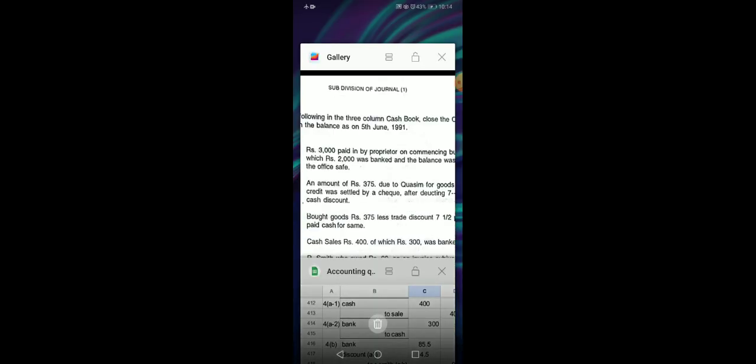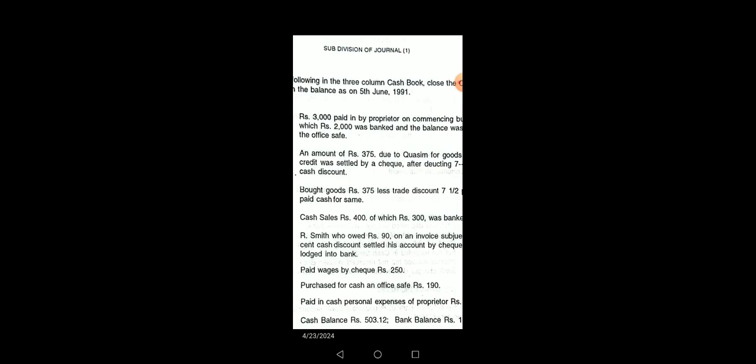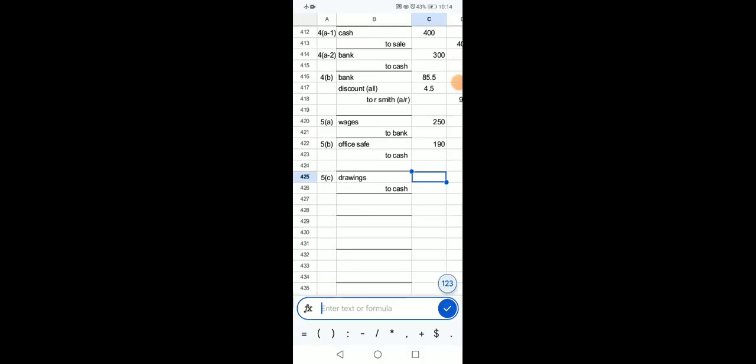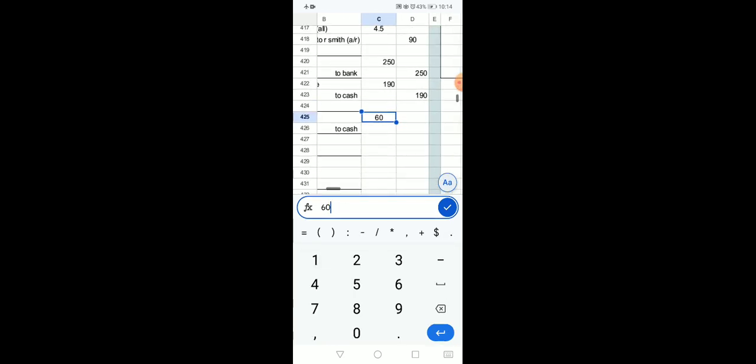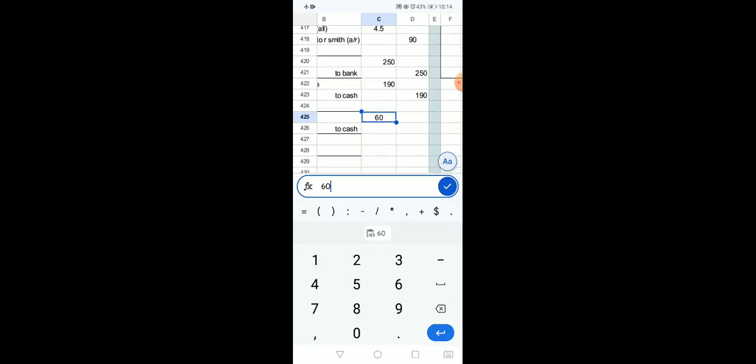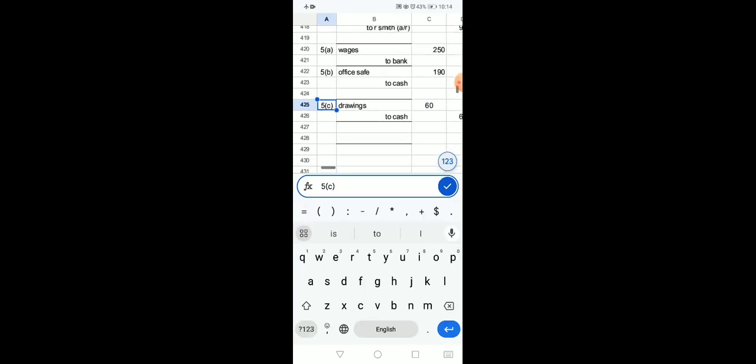Let's see how much amount is drawn. That is rupees 60. So you will mention 60 on debit side and the same amount you are supposed to write on credit side. This way your 5C is completed.